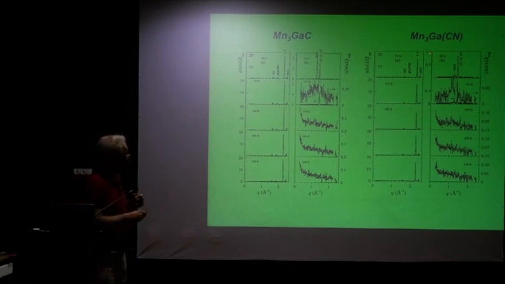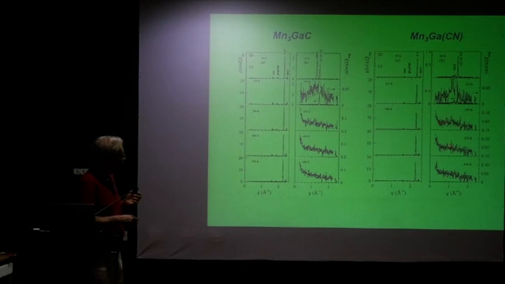Now, in the case of manganese 3 gallium carbon, the data is also more or less the same. You have at high temperatures these strong ferromagnetic correlations.